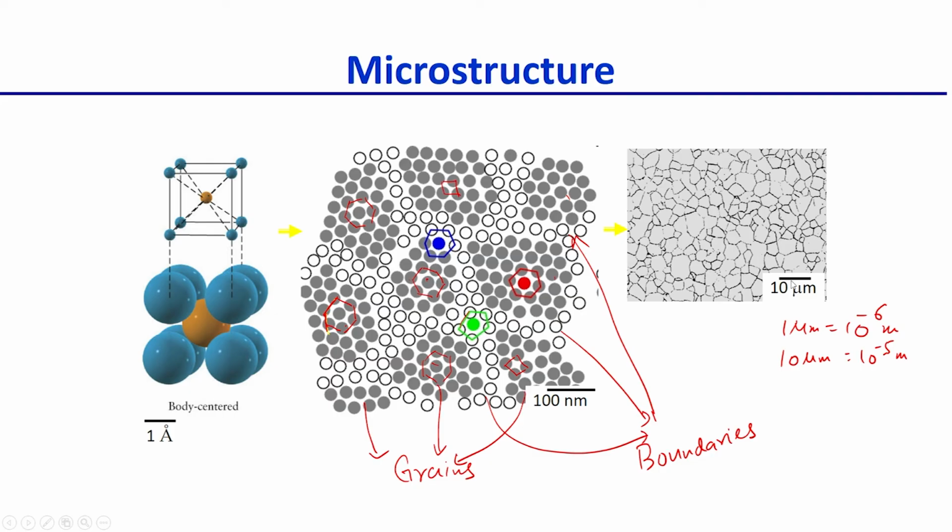Now, if you look carefully, these are the grains of pure iron, and in between you see boundaries, you can clearly observe that. So, that is the real microstructure, and within each of these grains, let us talk about any of these grains, this grain or this grain or this grain, the atomic elements will be arranged very specifically like the one I showed you in the middle of the slide.